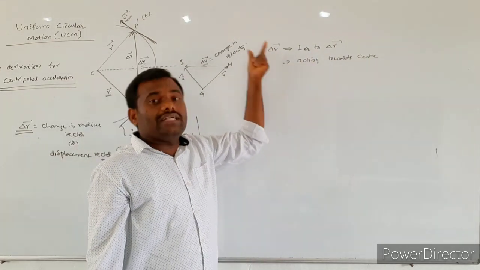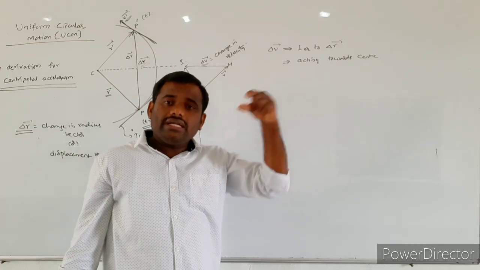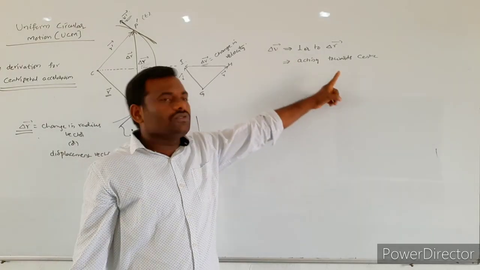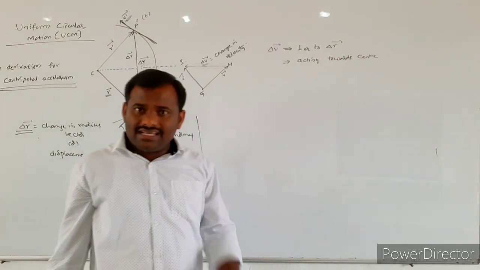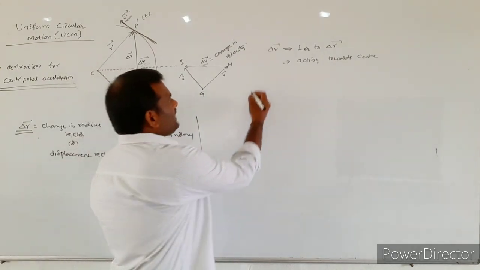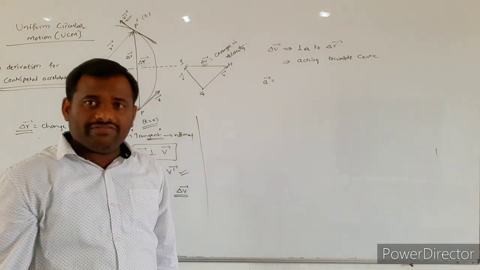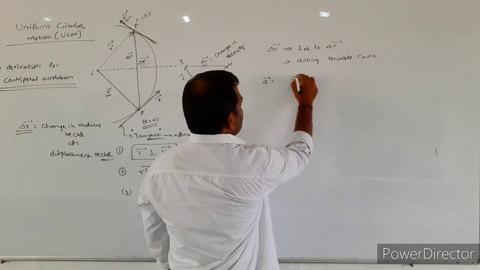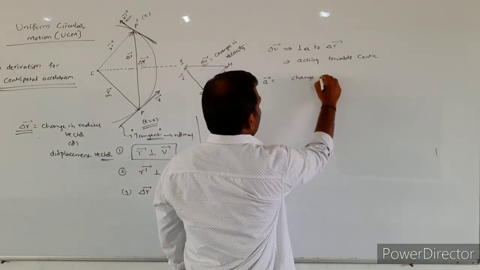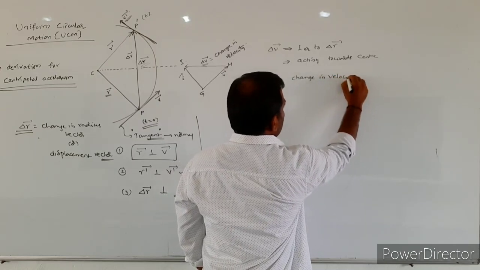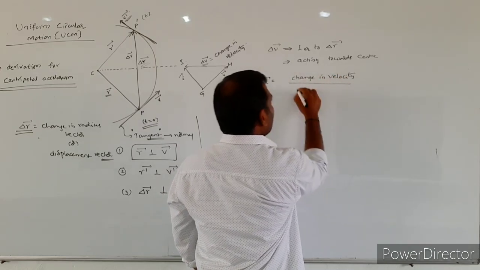The direction of delta V bar is acting towards the center. Now, acceleration will be defined as, acceleration is equal to what? Change in velocity by time.